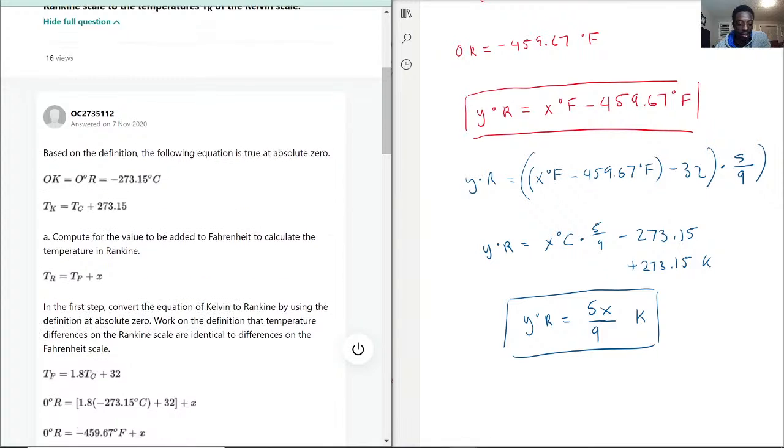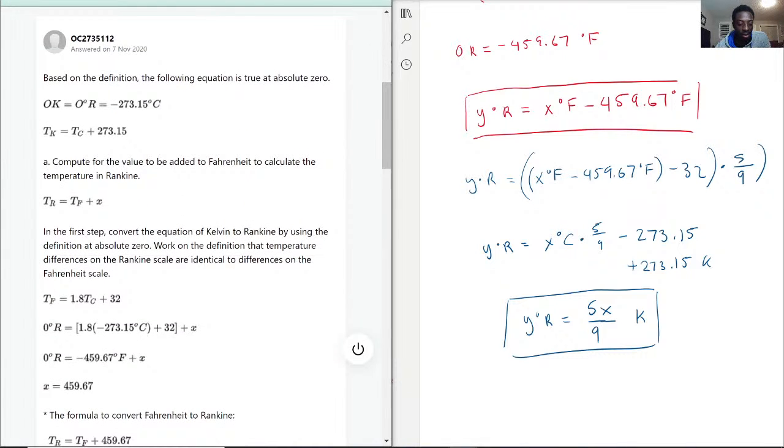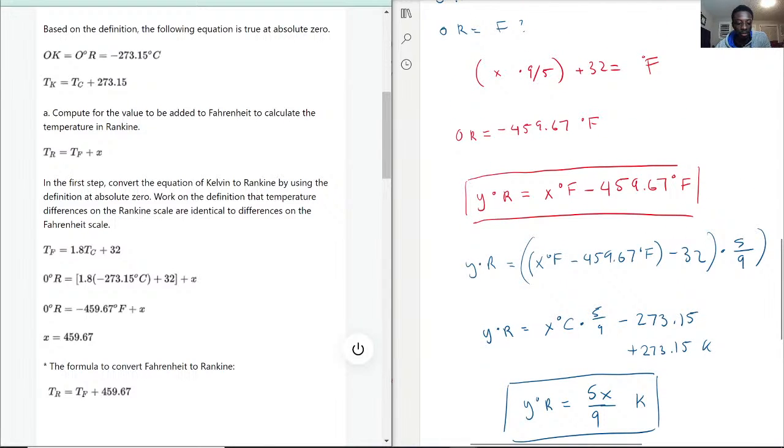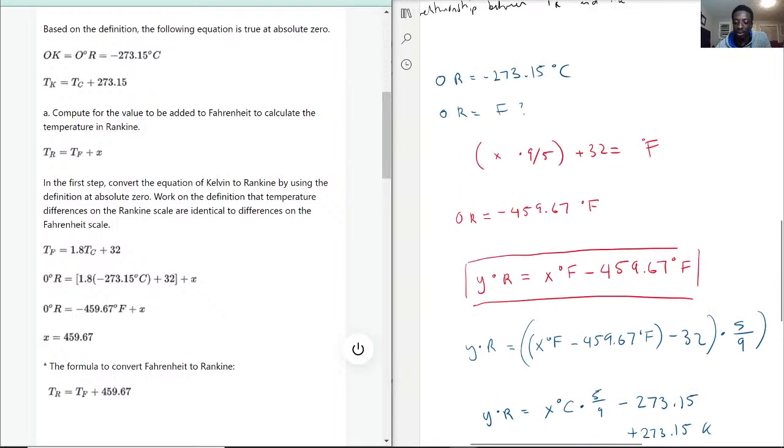Exactly, we have this, and then when we broke it down, we were able to get from Fahrenheit to Rankine, which is going to be right here, 459.67. Oh, I think I have my units backwards.